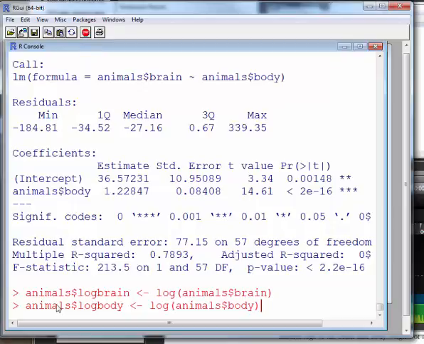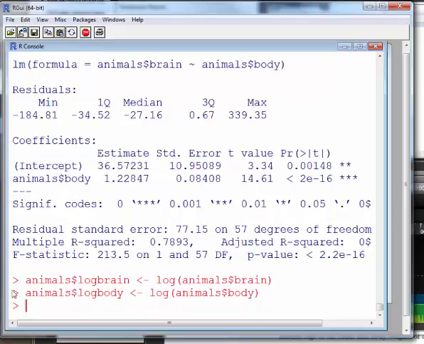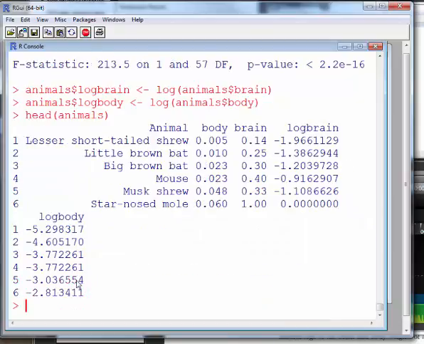So I'm going to create these new columns in my animals data set, called log brain and log body. Here are their body masses and brain masses, and then in the next two columns I've got the natural logs of their brain masses and the logs of their body masses.